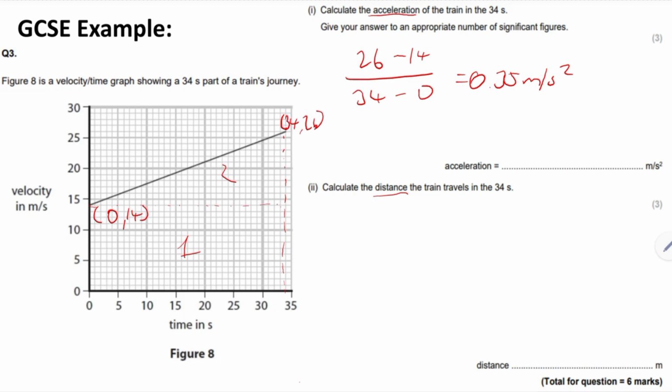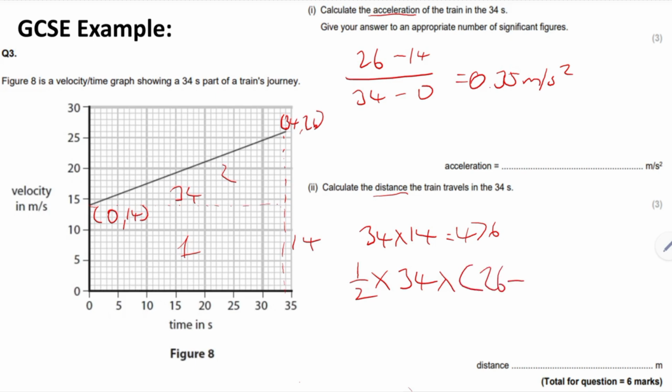Just in case you've forgotten how to calculate the area of a trapezium. So as it's 14 and 34, you do 34 multiplied by 14. So that will be 476, and then you do half, as it's a triangle, multiplied by 34 multiplied by 26 minus 14, as it's the difference from here to here.